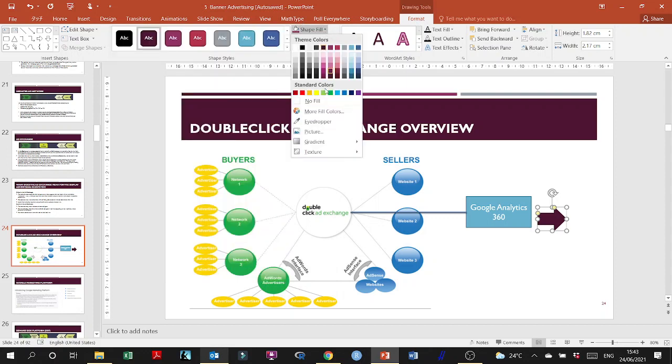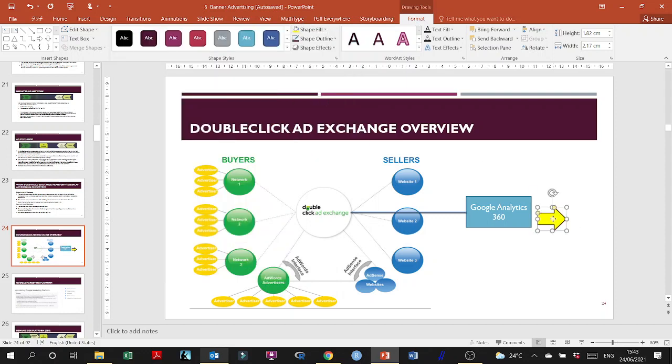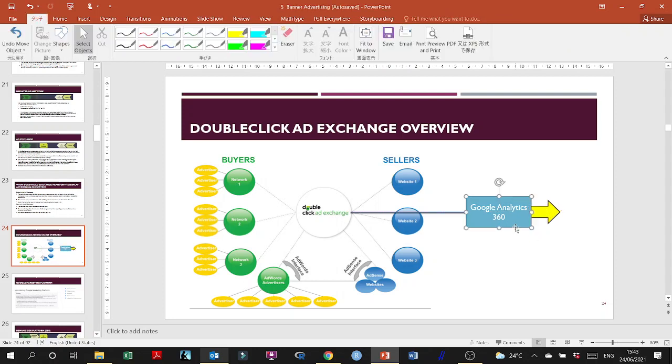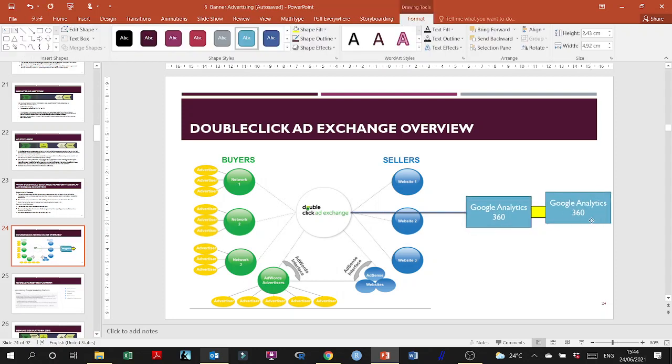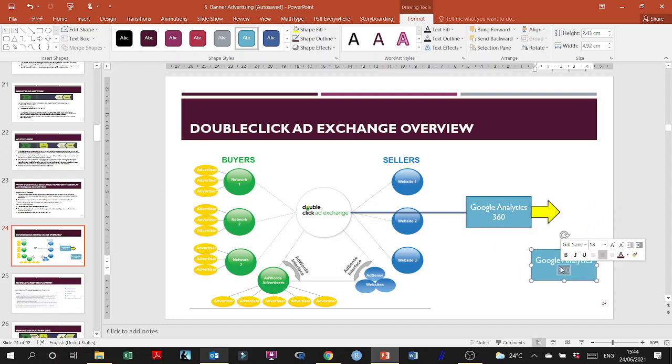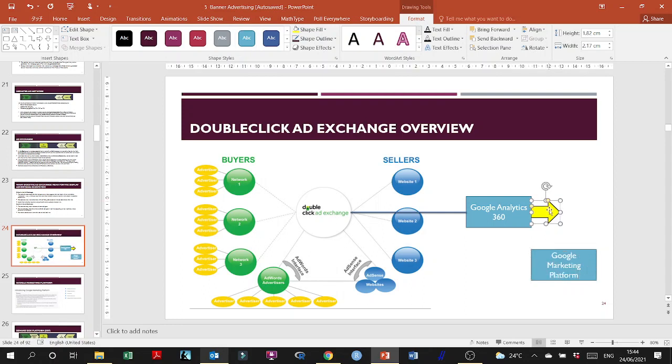I would love a yellow color here. So they would both be called Google Marketing Platform. Yeah, so these joined forces together. Maybe we need the same color here.